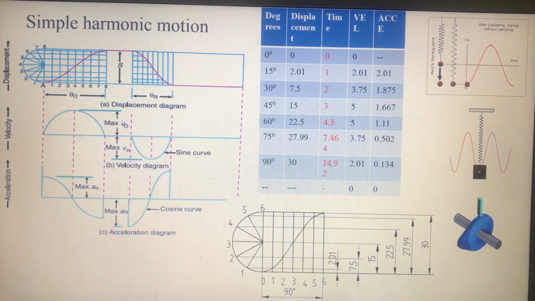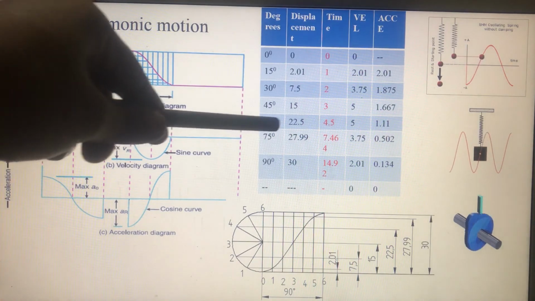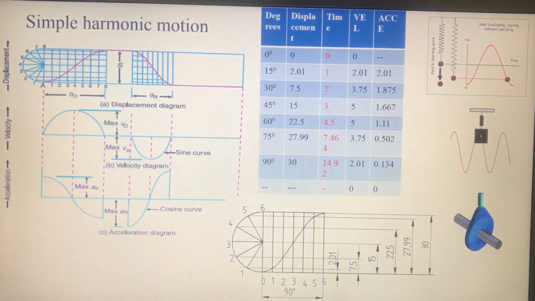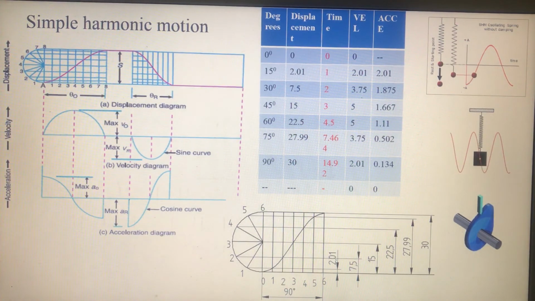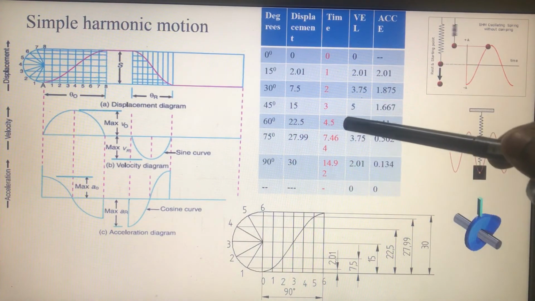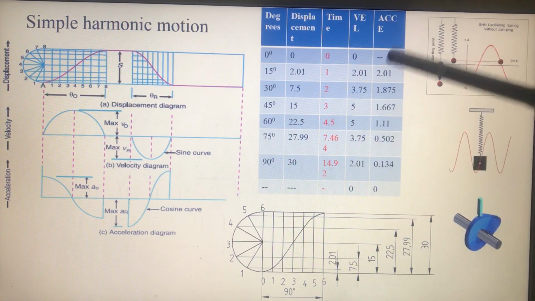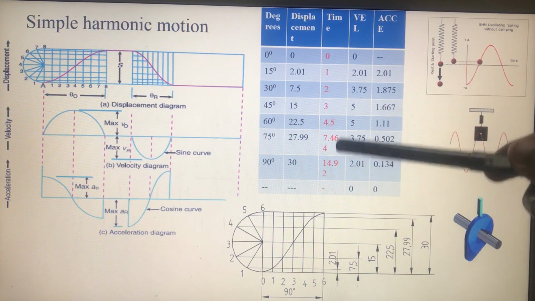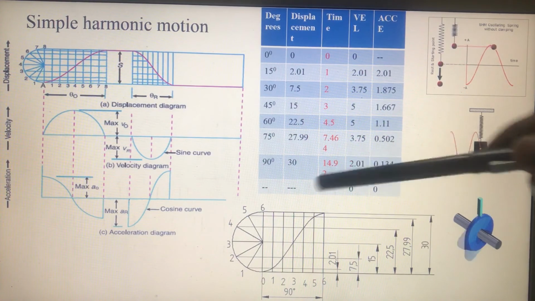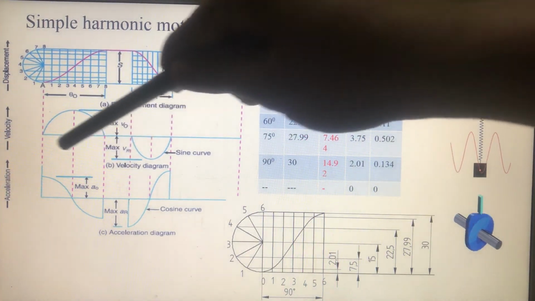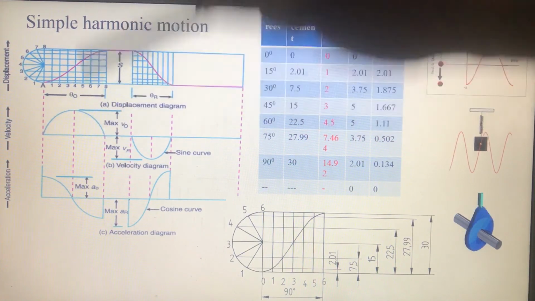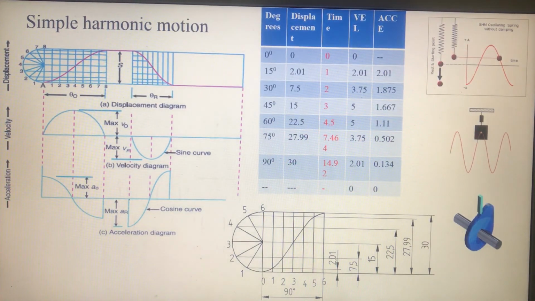It is taking more time to get this displacement than in the first half of the cycle, correct? So displacement is decreasing, but time taken is increasing, so you'll get a decreasing trend of velocity in the next half of the cycle. So you will get a sine wave for velocity during the angle of rise.